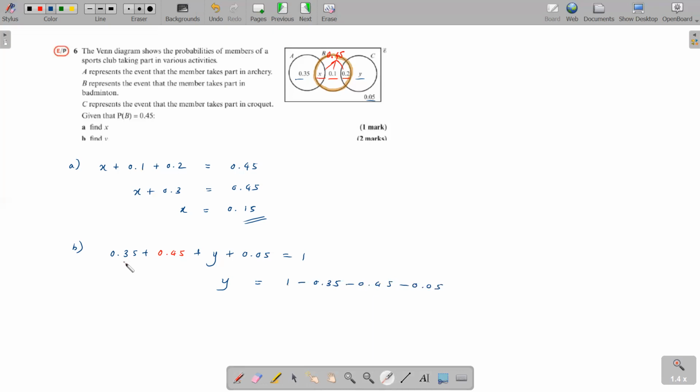Can you guys see? I took all of these to the other side as a subtraction. So y equals 1 minus 0.35 minus 0.45 minus 0.05, which you can put in the calculator. The answer is 0.15. Okay, so I hope this is clear with everyone.